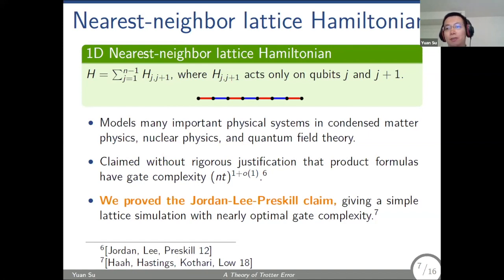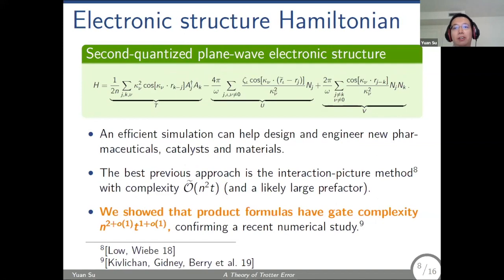Okay, so my second example is a simulation of the electronic structure Hamiltonian. In this case, you have a Hamiltonian which is given as a sum of a kinetic term and potential terms. Well, an efficient solution of this problem could potentially be applied to understanding materials and designing catalysts.